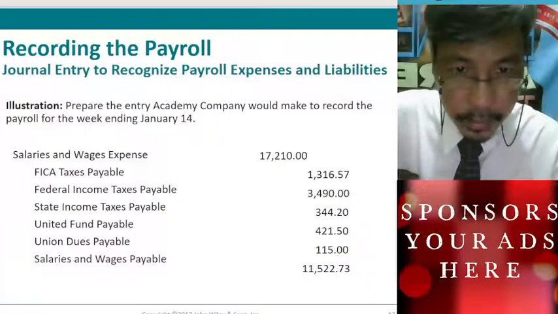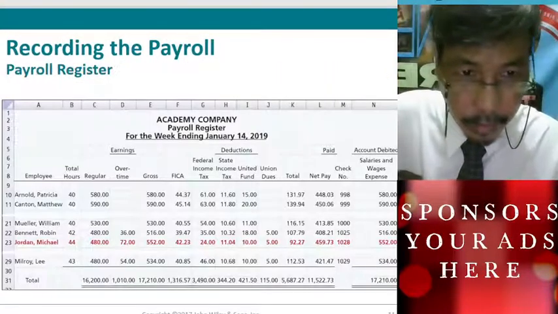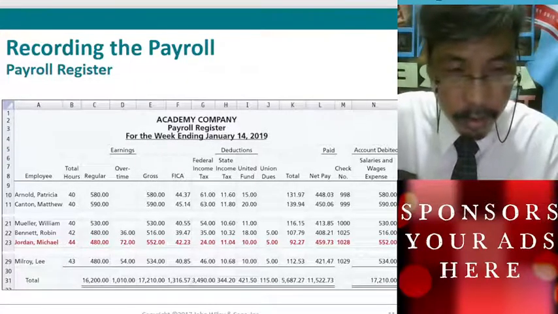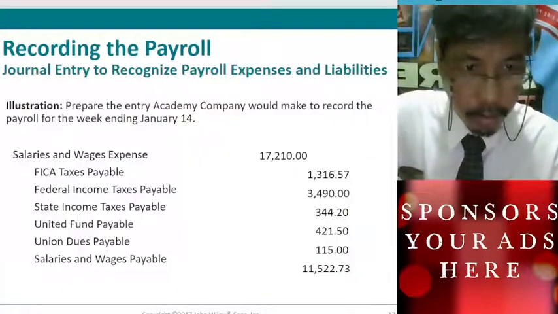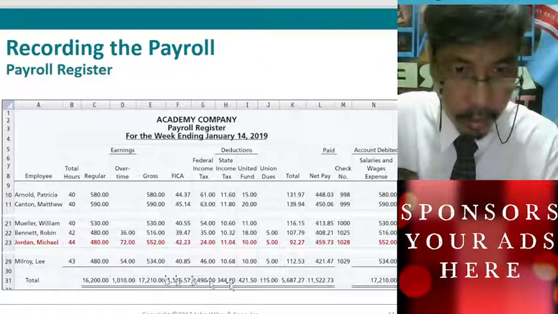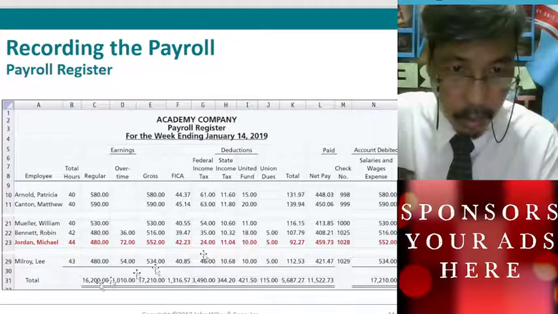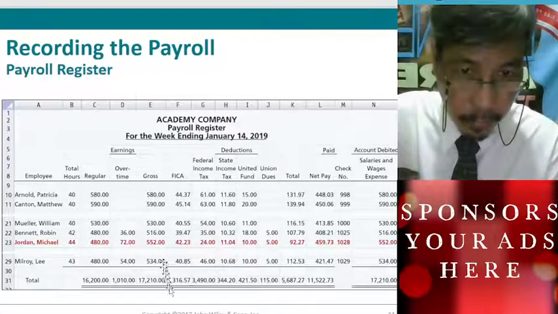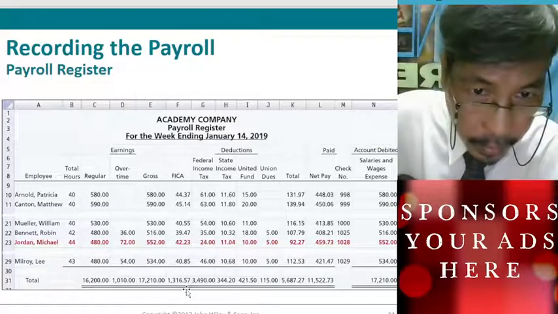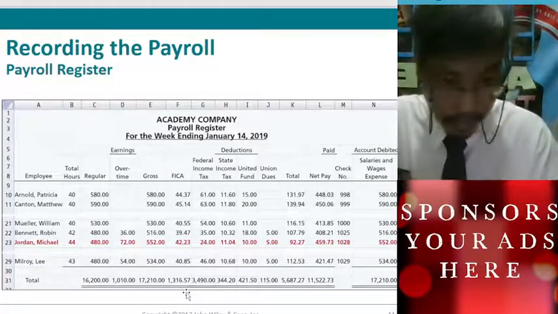So, totals. For salaries and wages, you have 17,000, which is the gross total. Less the FICA, so you already have it on the lower portion of the total. How much is the FICA? Here, 1,316.